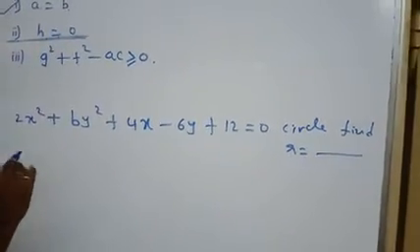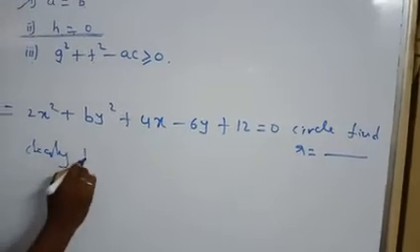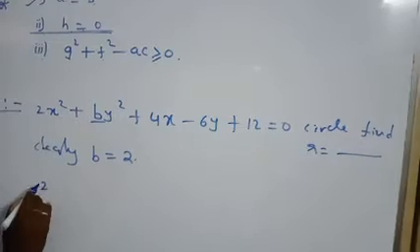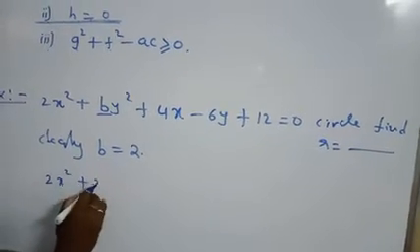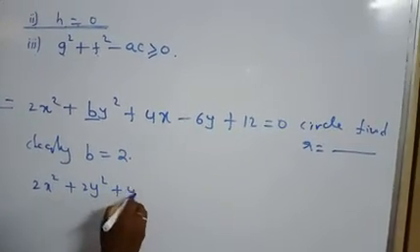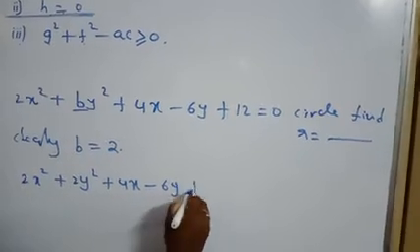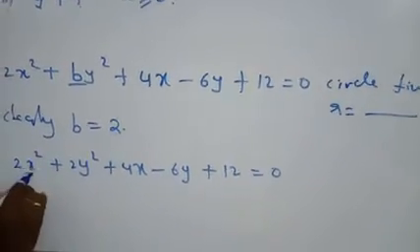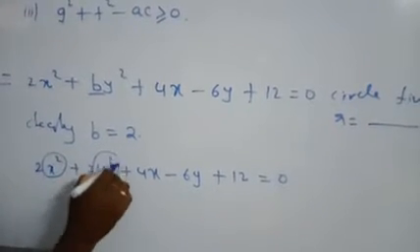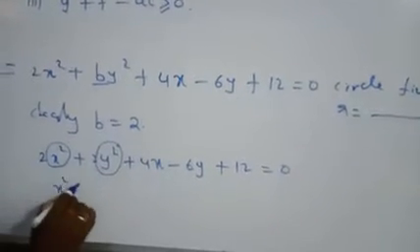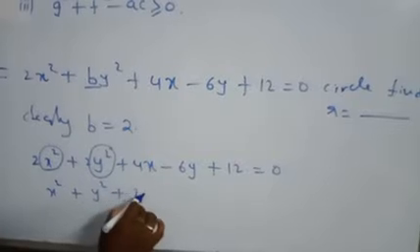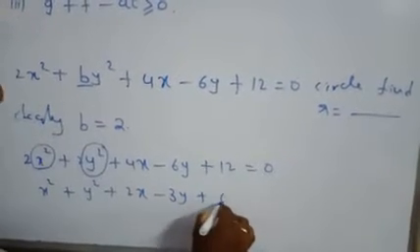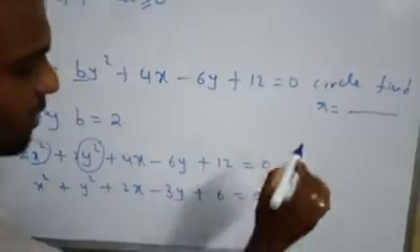So clearly b is equal to 2. So writing the b: 2x² + 2y² + 4x − 6y + 12 = 0. Here we only have to divide by the coefficient of x² and y². So x² + y² + 2x − 3y + 6 = 0. So this is the circle.